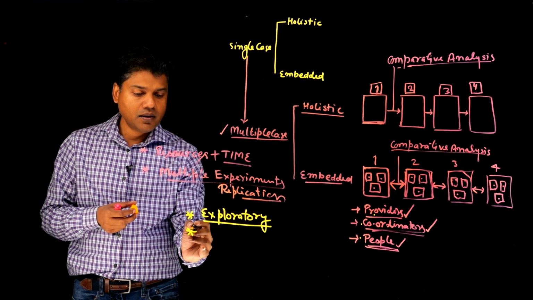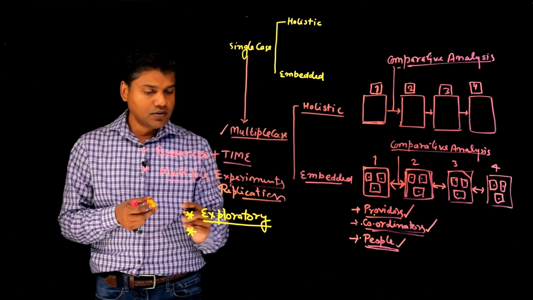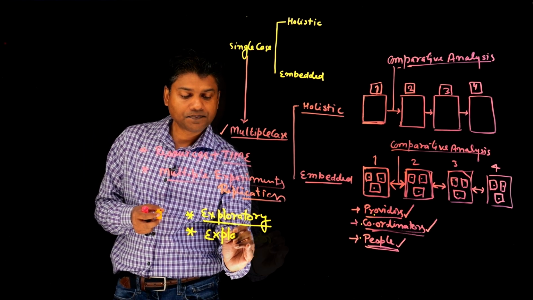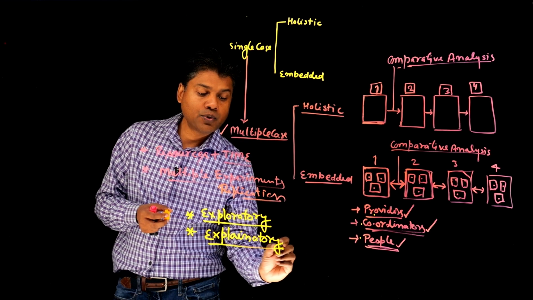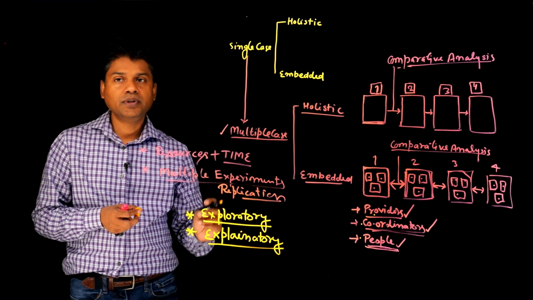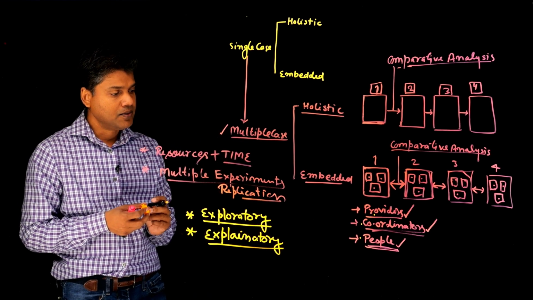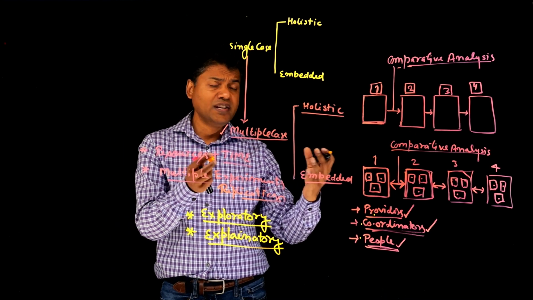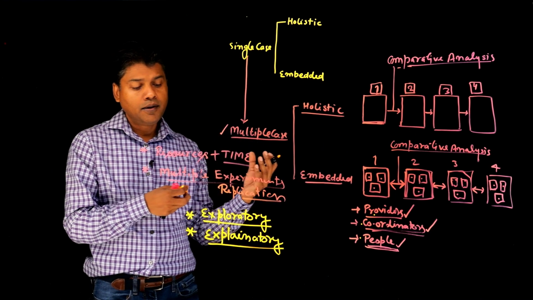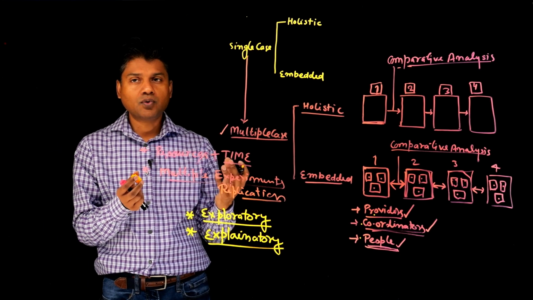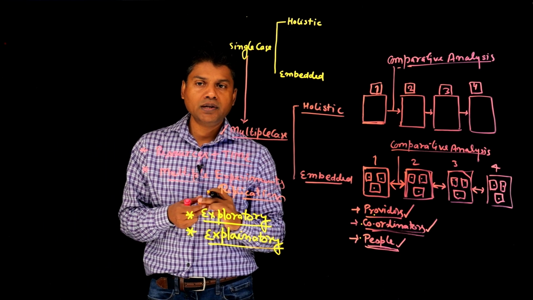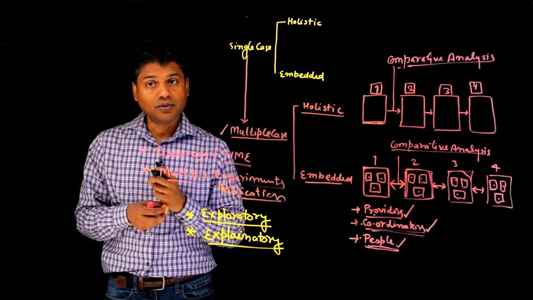Further, instead of exploratory, you can also use an approach which is explanatory. Explanatory approach is where you are trying to explain relationships between cases, or explain some research questions, which is more about understanding the relationship between variables in the cases.